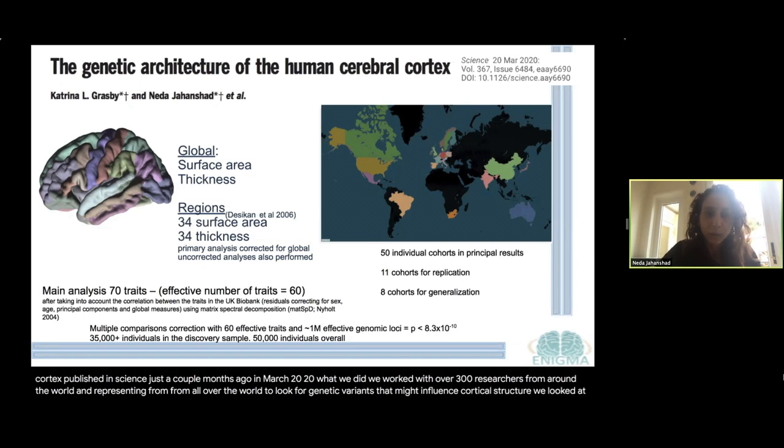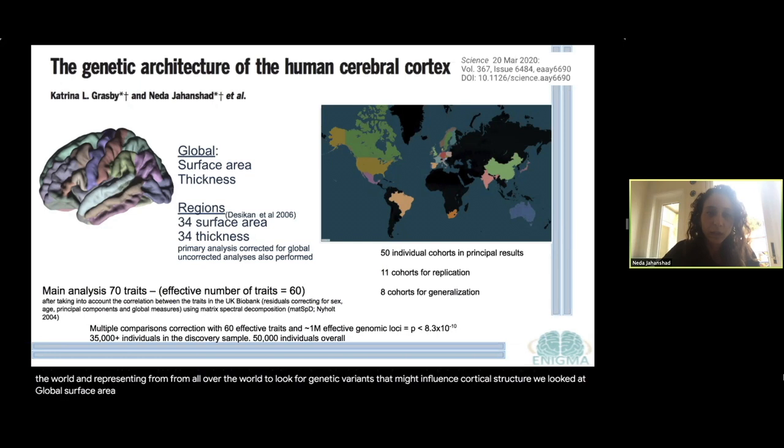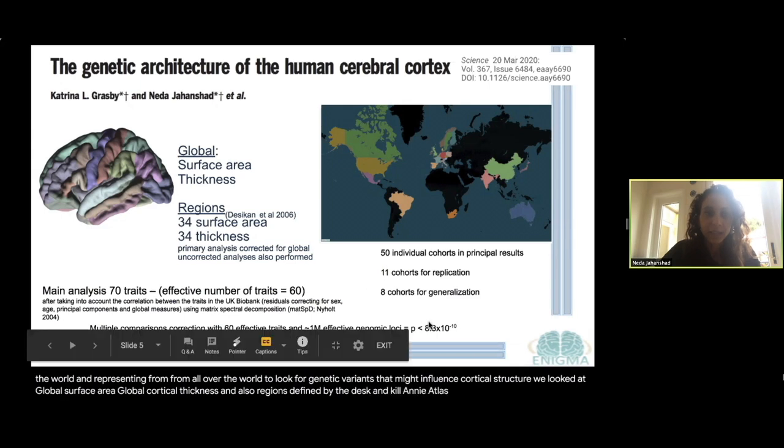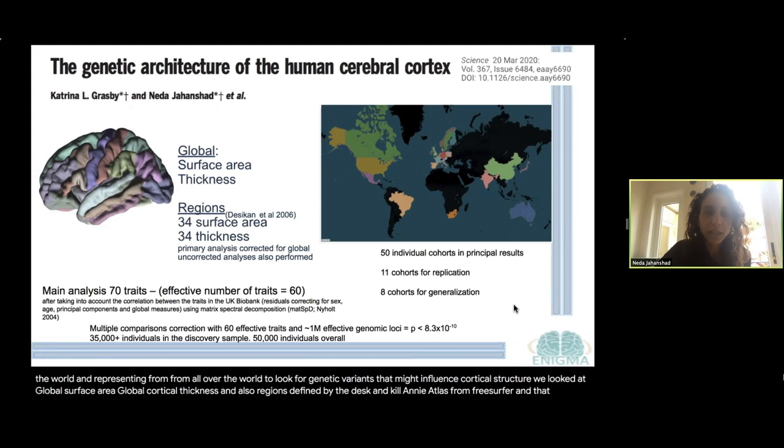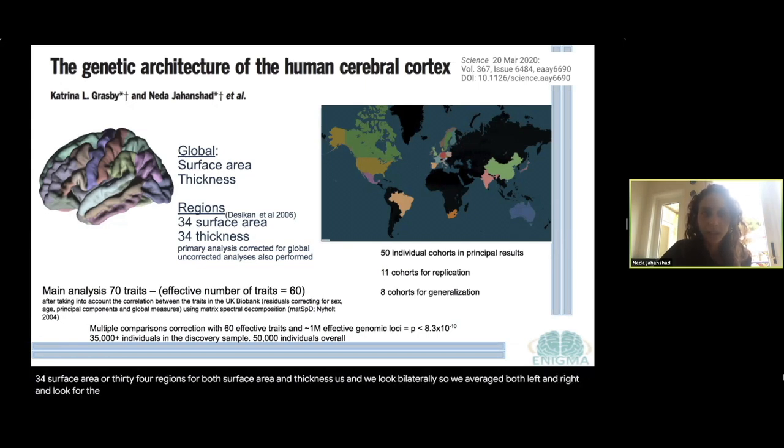We looked at global surface area, global cortical thickness, and also regions defined by the Desikan-Killiany Atlas from FreeSurfer, which gave 34 regions for both surface area and thickness. And we looked bilaterally, so we averaged both left and right and looked for the genomic relationships.